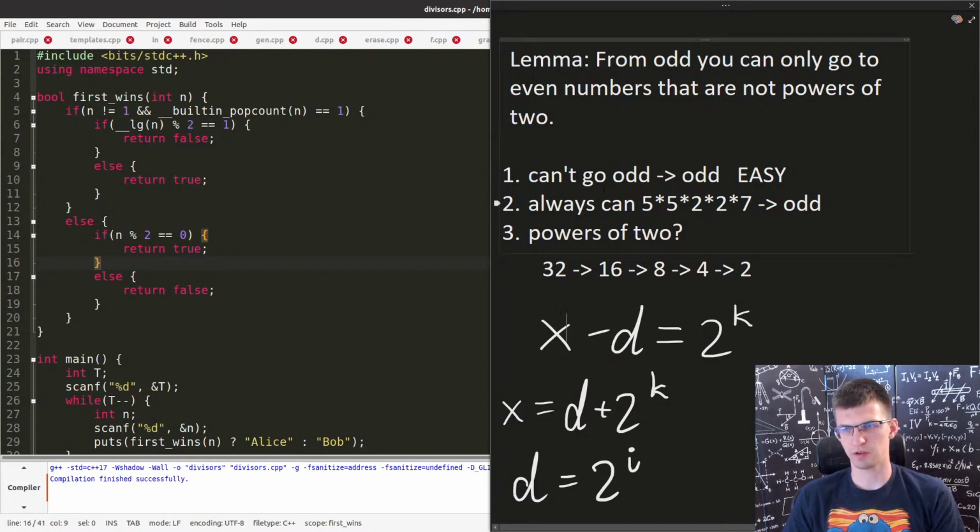And we proved the lemma. Then the other thing was that from even you can always get to some odd, unless this even is a power of 2, and that was a special case. Now I think this is done. Right? Any mistakes here?